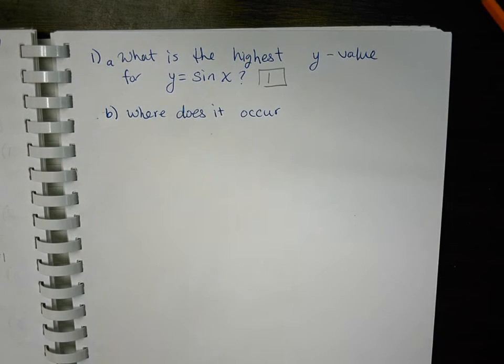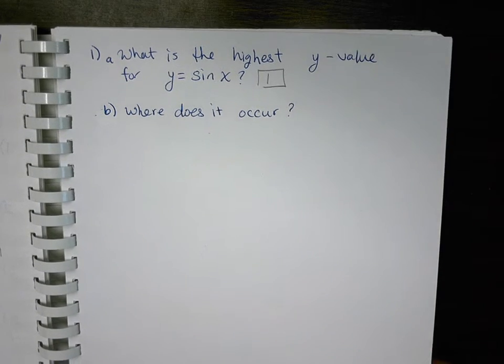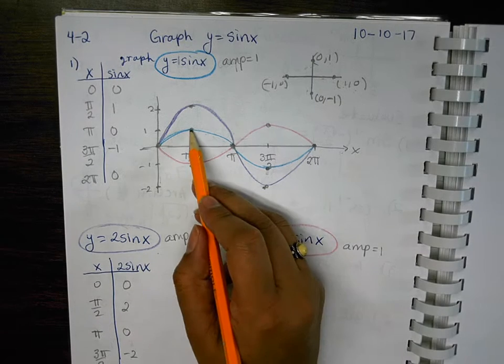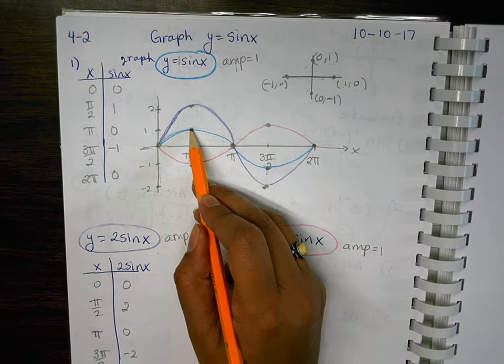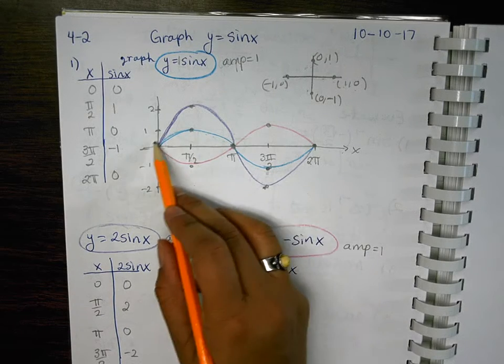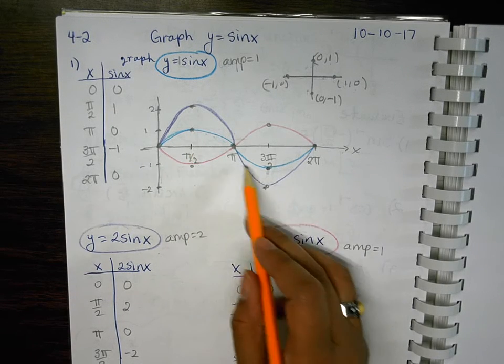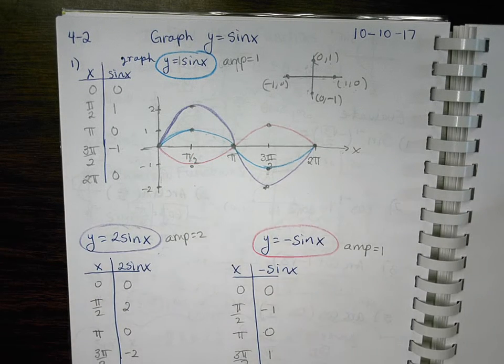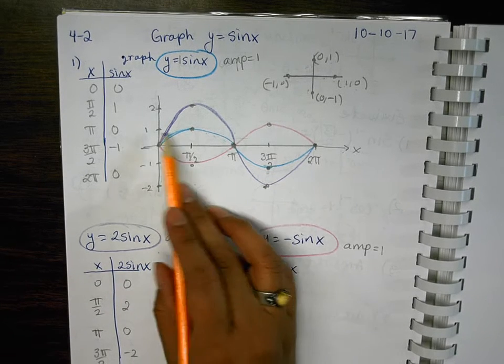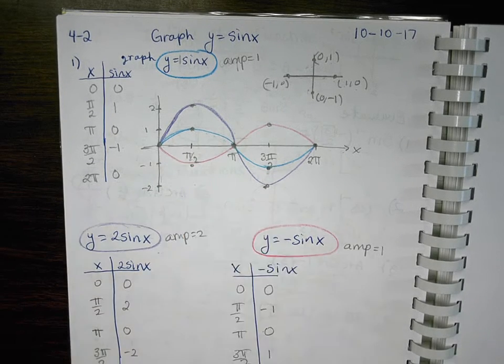What are they asking you here? When it's saying where does it occur, are they asking for the x value or the y value? The x. So 1 is the highest. Where does it occur? Is there more than one high point for just one period? No, this is it. If I continued, there would be more high points, but in this one period graph, the highest is 1, and it happens when? Pi over 2.